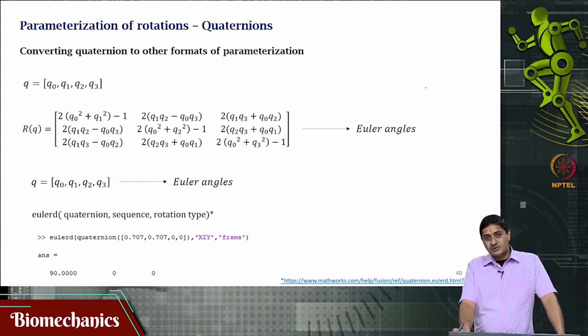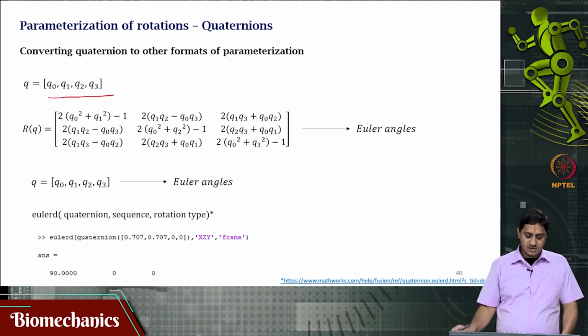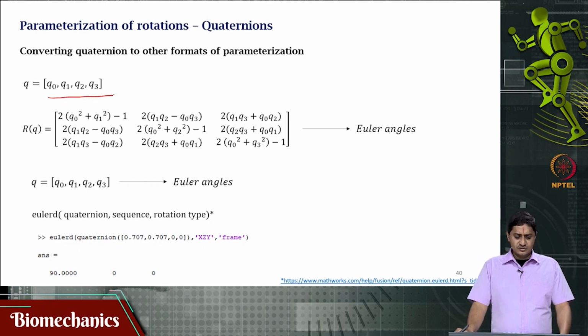So, I need to convert it to things that I understand well, and those are Euler angles and rotation matrices. Suppose I have this quaternion Q0, Q1, Q2, Q3, I can convert this into the rotation matrix using this formulation.